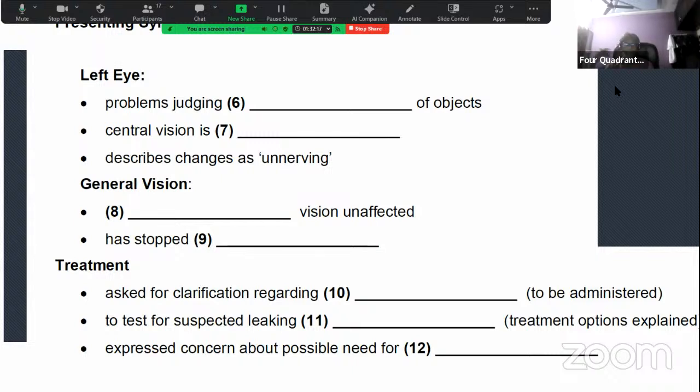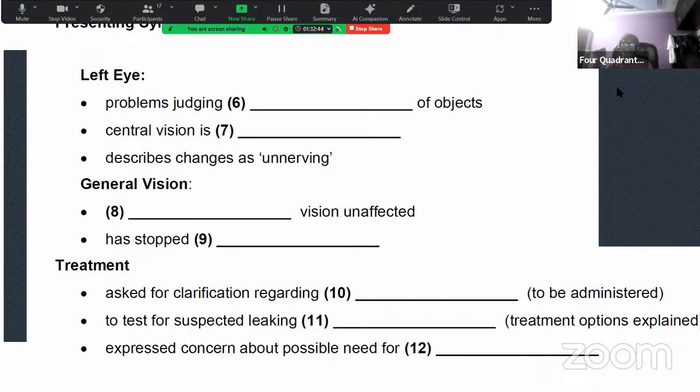Express concern about possible need for maybe treatment, maybe medication, maybe drugs, maybe rest, home care, consultation, review, appointment, post-operative care. Post-operative is one word. Yeah, recovery.